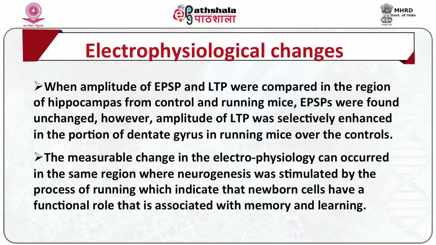However, amplitude of LTP was selectively enhanced in the portion of dentate gyrus in running mice over the controls. Therefore, measurable changes in the electrophysiology can occur in the same region where neurogenesis was stimulated by the process of running, which indicates that newborn cells have a functional role that is associated with memory and learning.